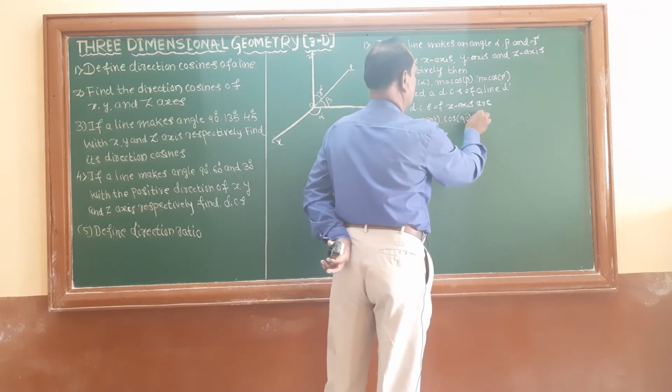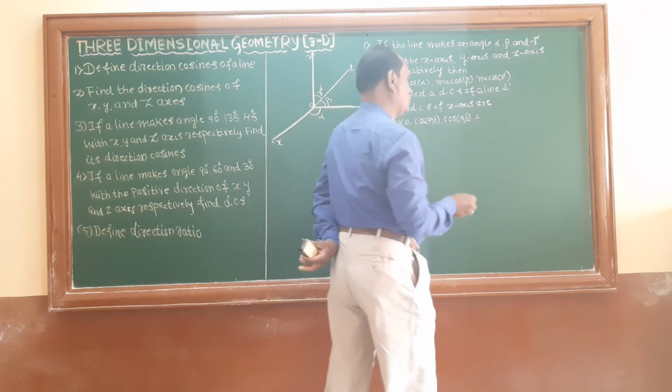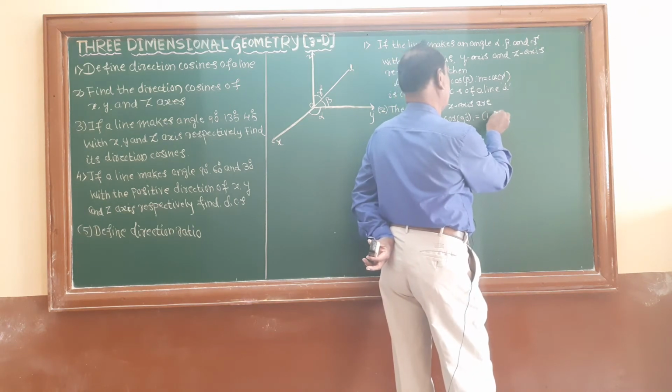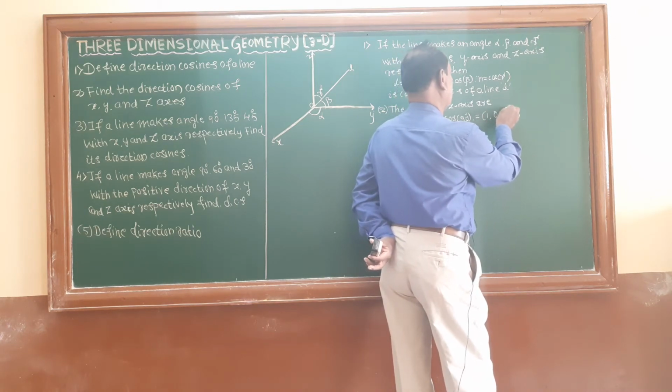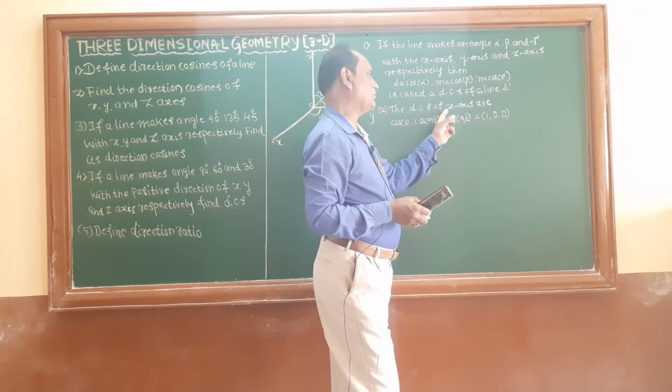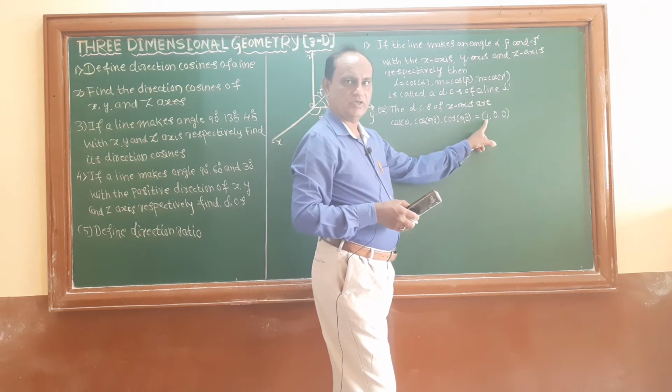Cos 0 means 1, cos 90 means 0, again cos 90 means 0. The direction cosines of the x-axis are 1, 0, 0.